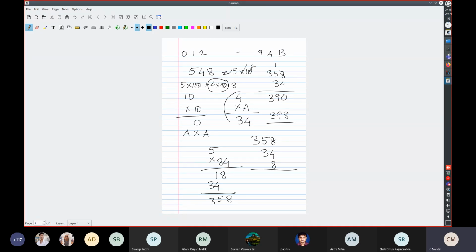Okay. So this 4 times 10, I've done here. All right. This is 5 times 100. 100 is 84, if you consult the table. 100 is 10 times 10.